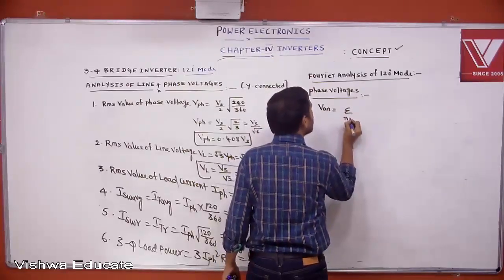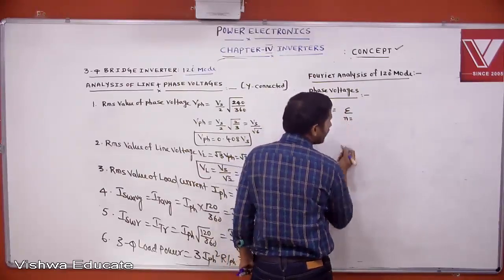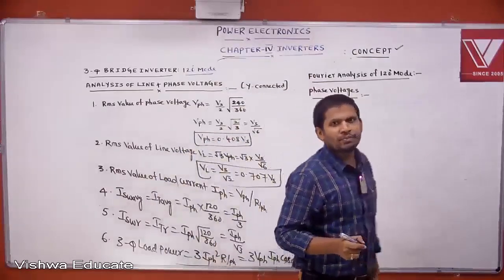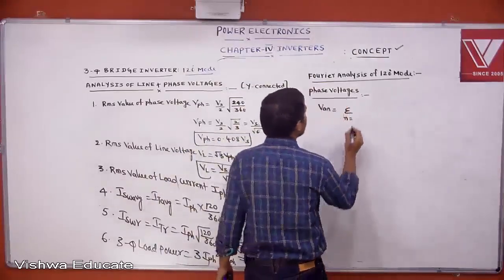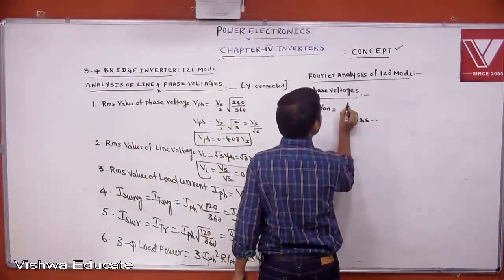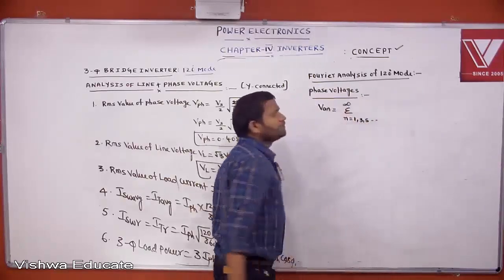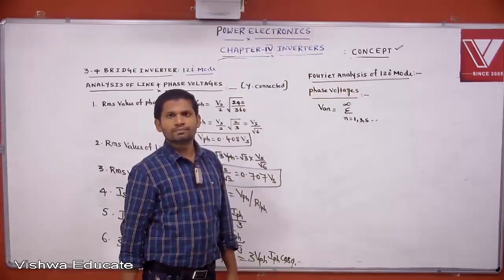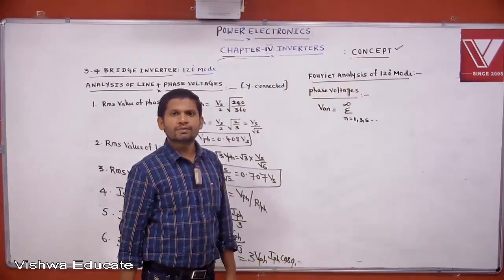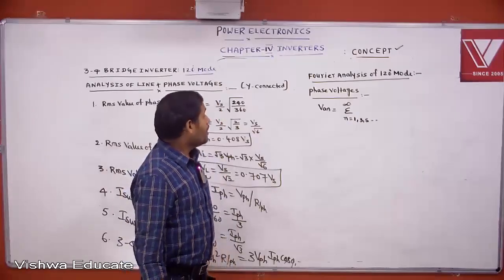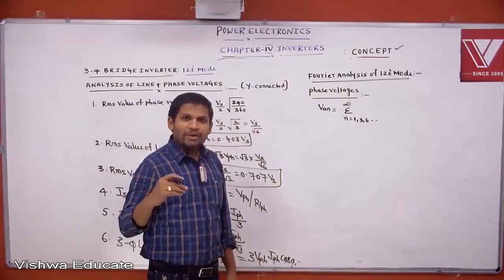summation n equal to... what is the waveform we are getting in phase voltage? Quasi square waveform. N equal to 1, 3, 5 up to infinity. I told you how to write it on your own.